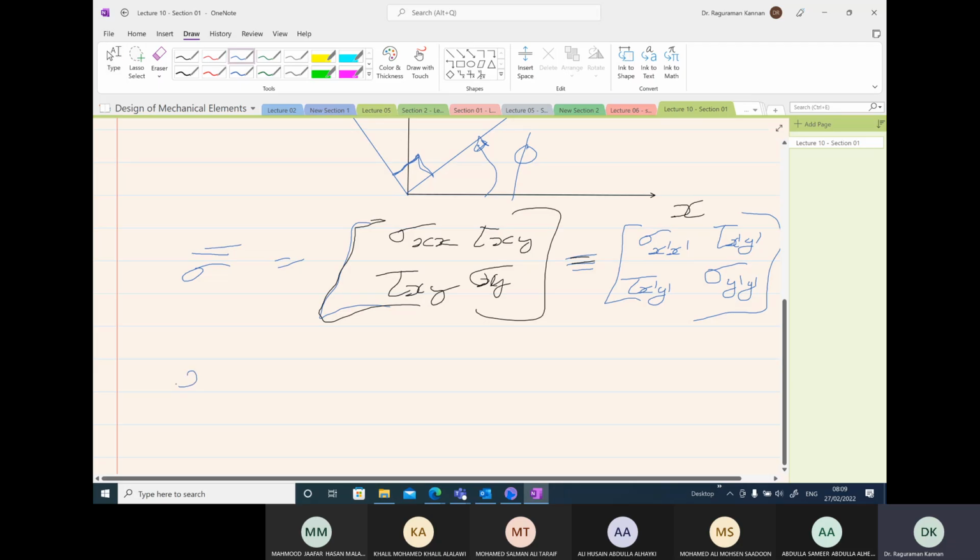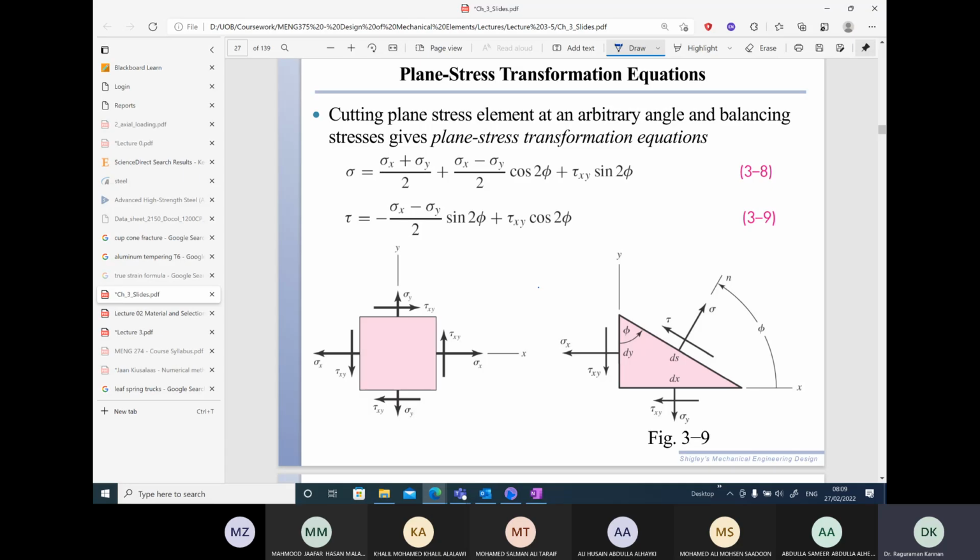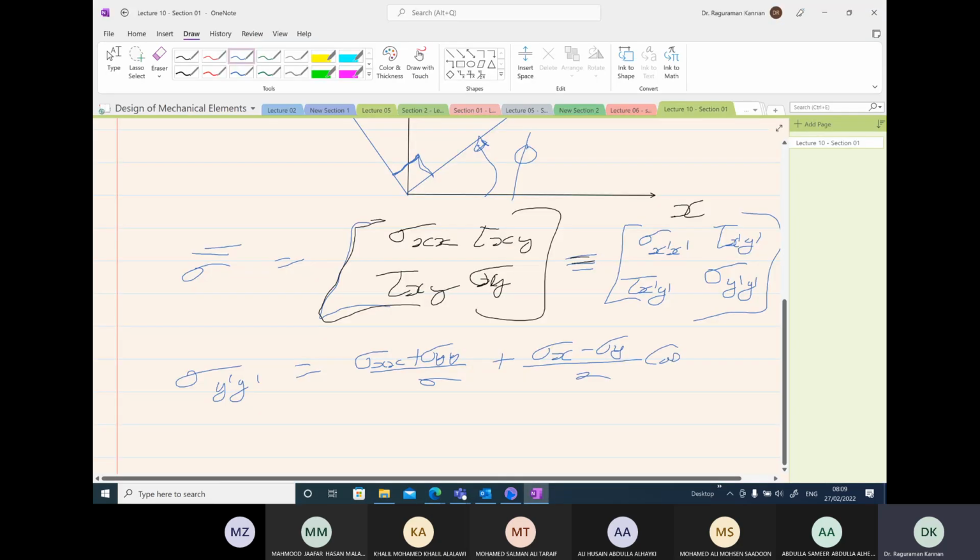So we have originally x prime. Now, if you want y prime, just rewrite the formula: sigma x plus sigma y over 2, and cosine 2 times phi plus 90.